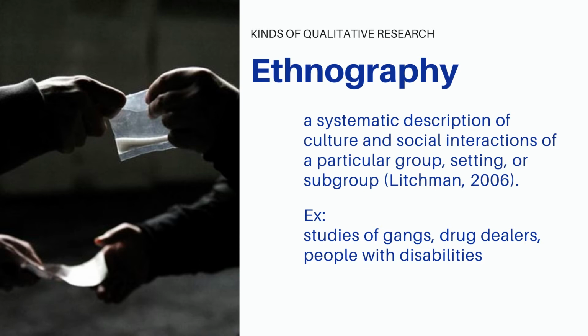That is ethnography. For example, you have to study gangs and drug dealers. You have to go to their areas and talk to them personally, or study psychiatric patients, people with disabilities, or schools or school children with special needs.